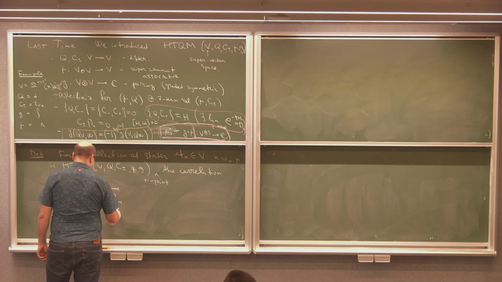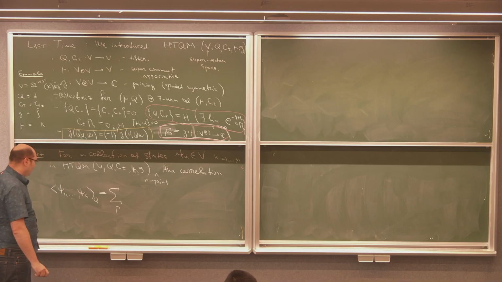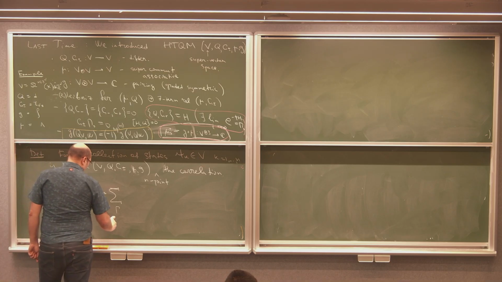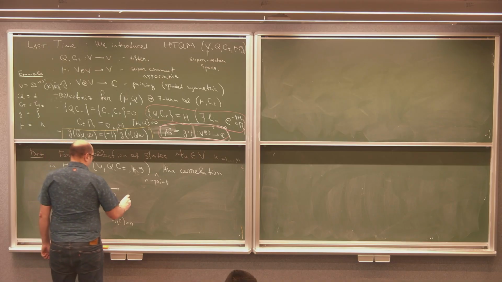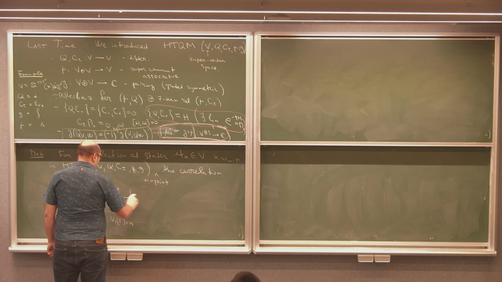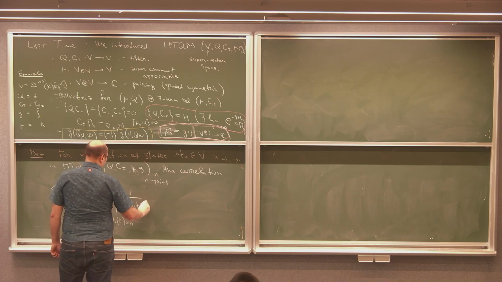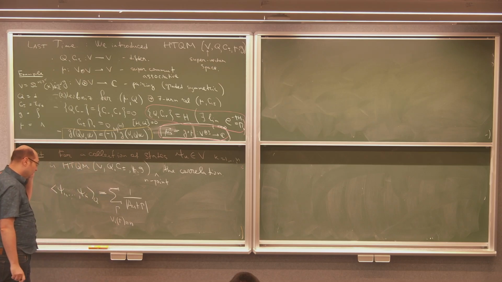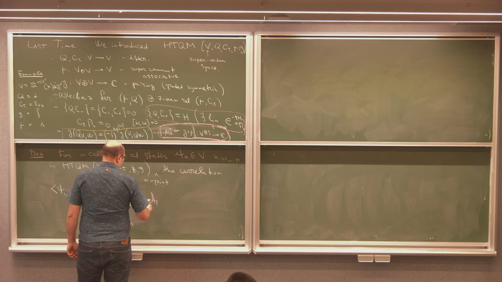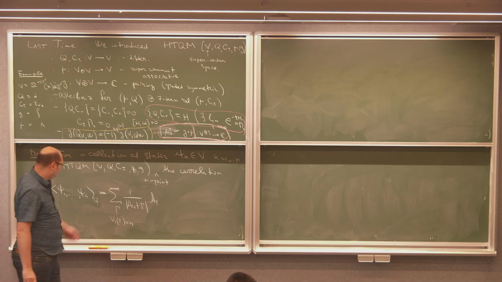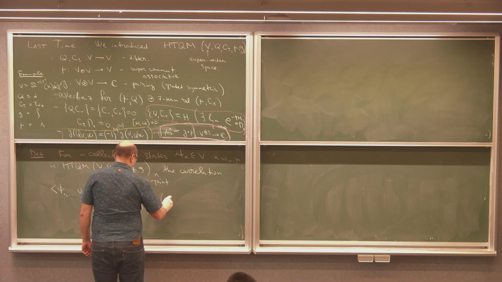We take a sum over all trees, here over all trees with exactly n leaves. And we divide by the size of the automorphism group of each of these trees, and we multiply it by the amplitude.